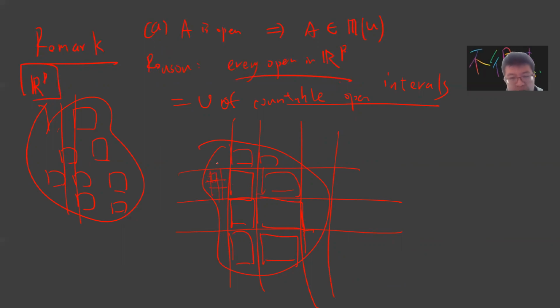So now these small cubes will finally approach this set. So every open set in R^p is a countable union of open intervals, and by definition, open intervals are finitely mu measurable. So A is a countable union of finitely mu measurable sets. So A is measurable. Sometimes when I say measurable, I will skip the mu.